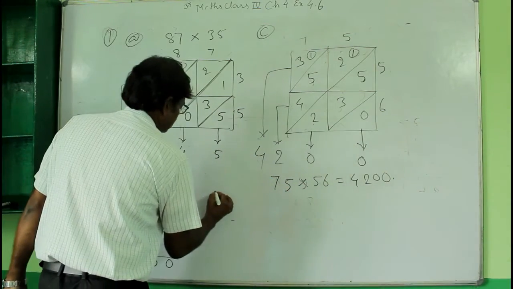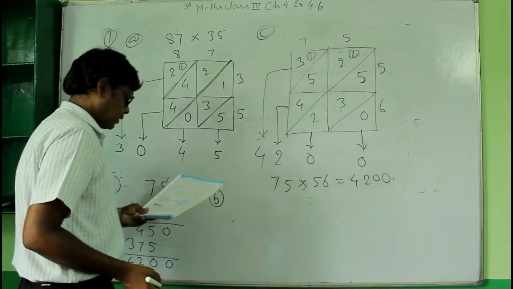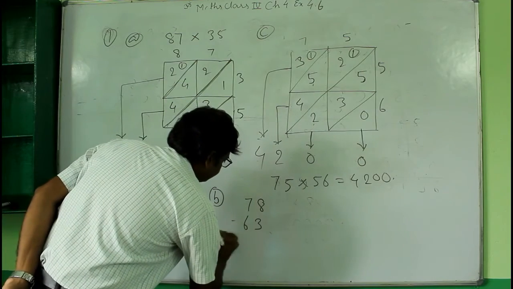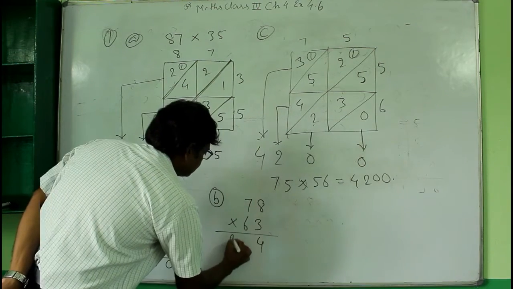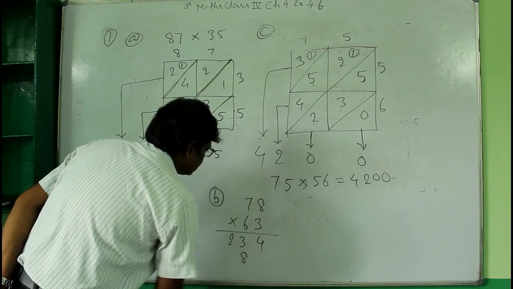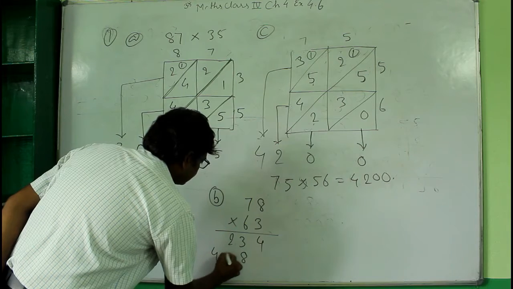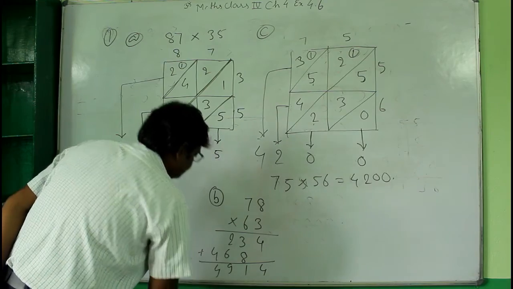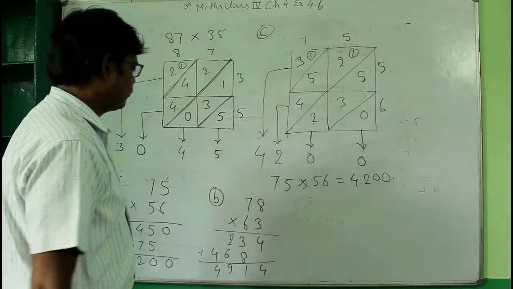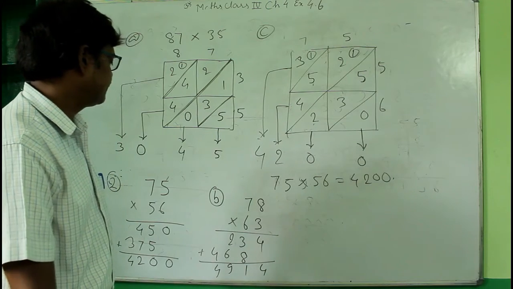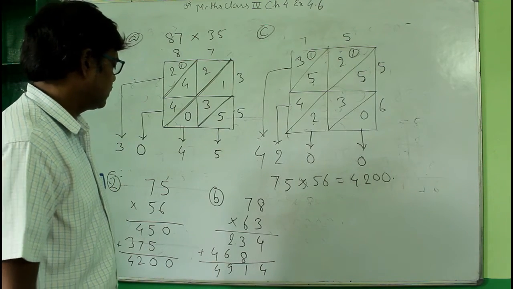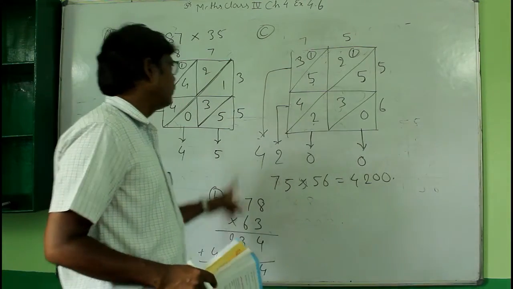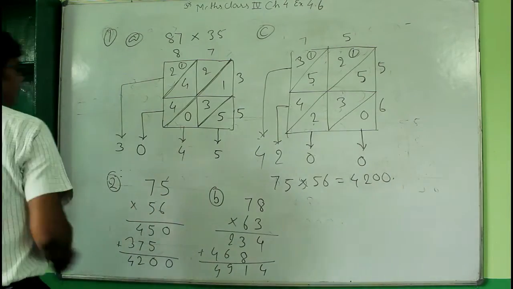In question number 2B, first multiply by the general method, 78 into 63. So the answer is 4914. Now multiply the same numbers by using the lattice multiplication method.